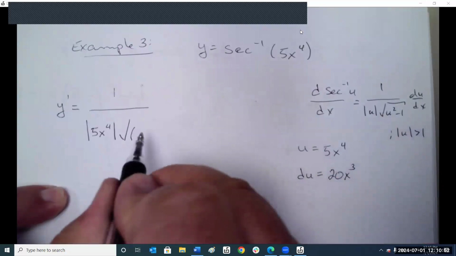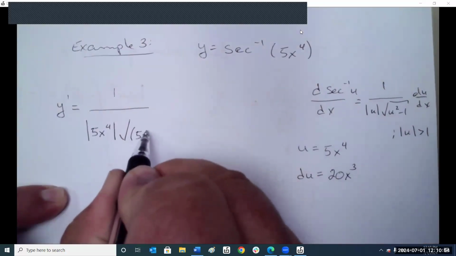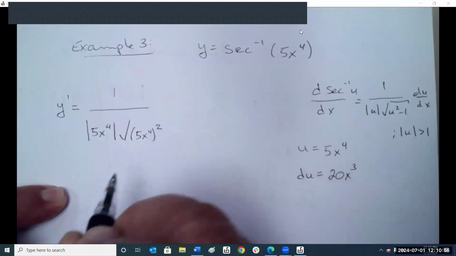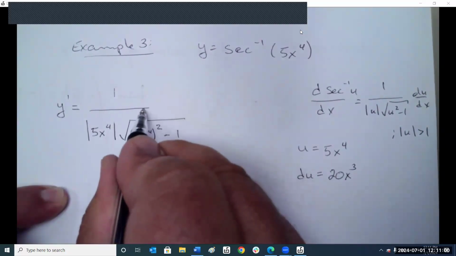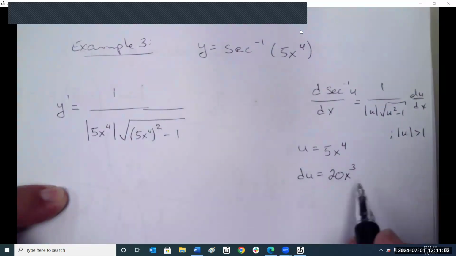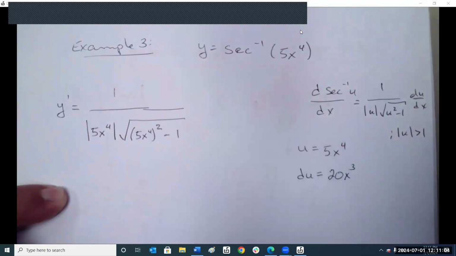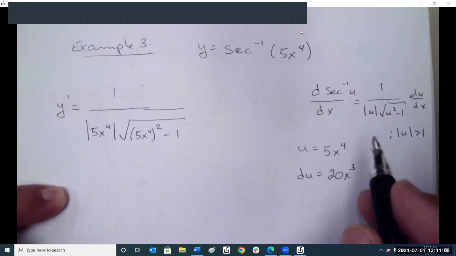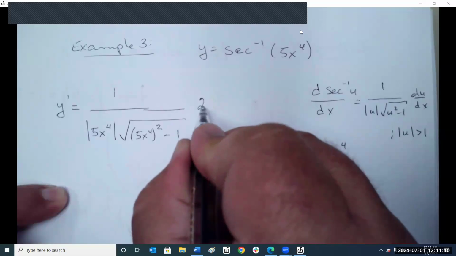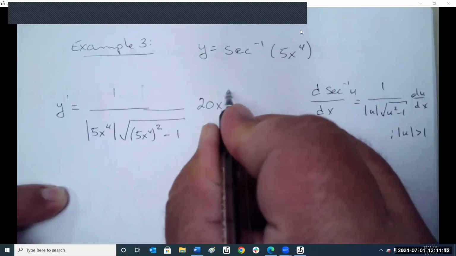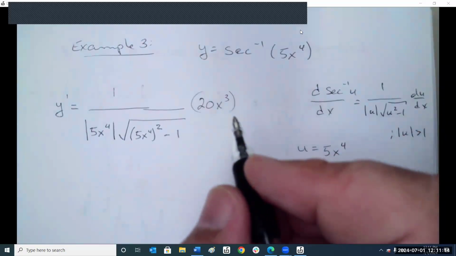And again, it's the 5x to the fourth in parentheses squared minus 1, times du dx, which is the derivative of u with respect to x, would be 20x to the third.